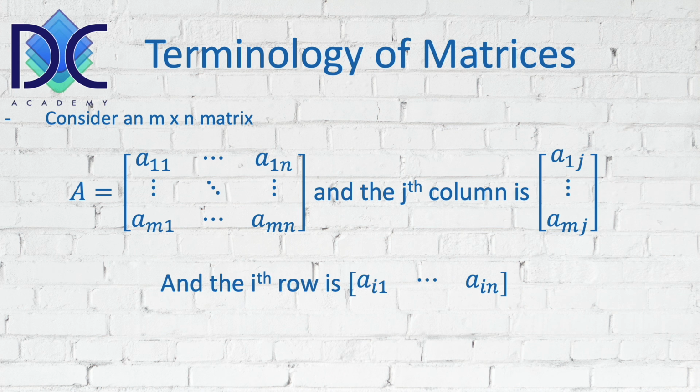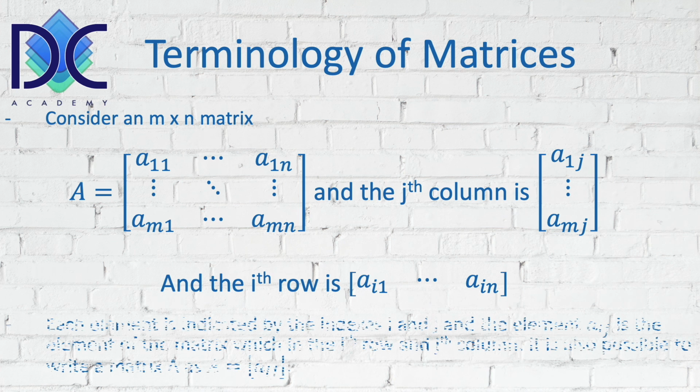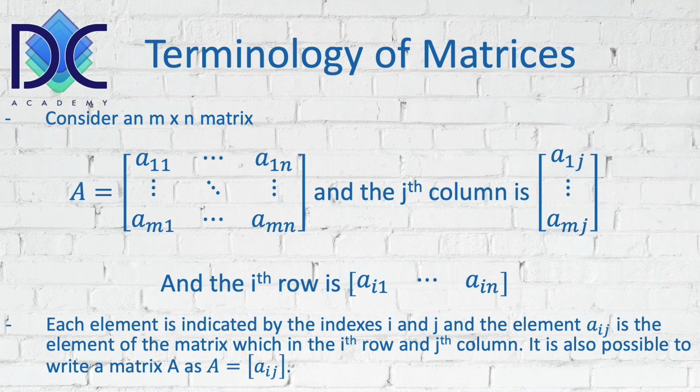Now, the elements, those entries in the matrix, are characterized by their indexes i and j. And when we have an element aij, it means that this is the element of the matrix which is in the ith row and the jth column. For example, a3,4 would be in the third row and the fourth column.